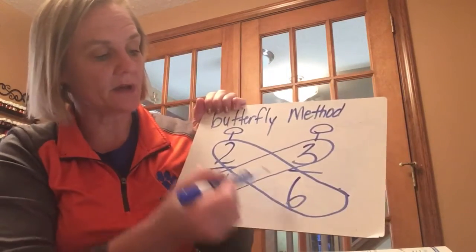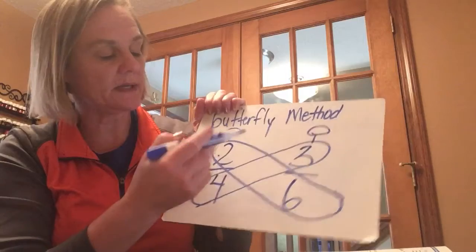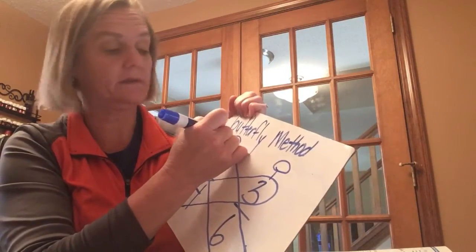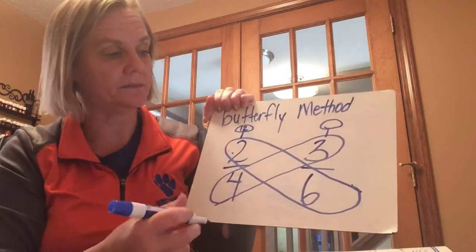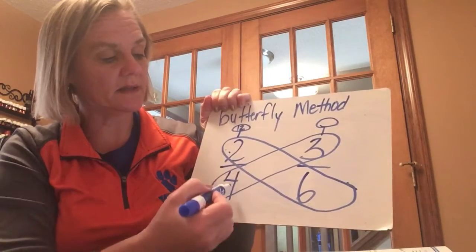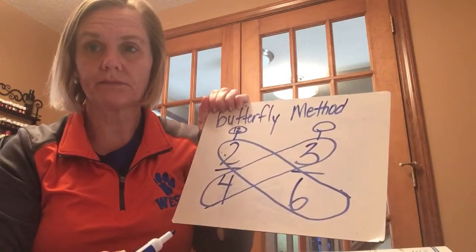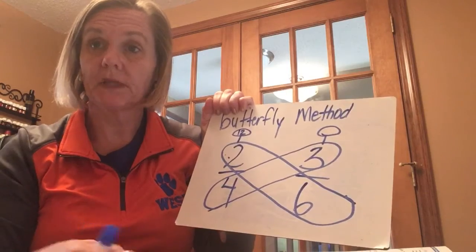Okay, I did this one already. 2 times 6 is 12. I hope you're saying it with me and inside your head. And this is 4 times 3. What is 4 times 3? 12.